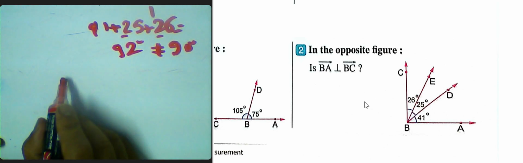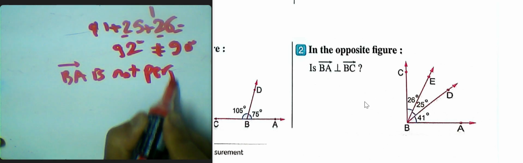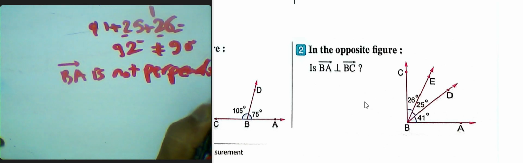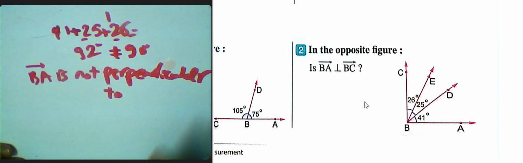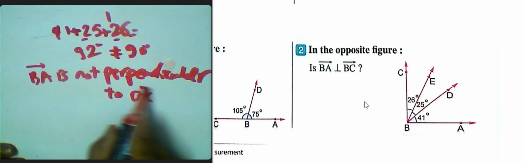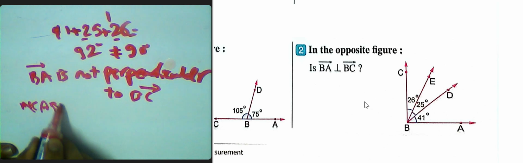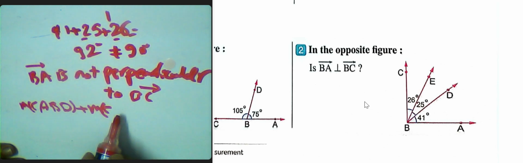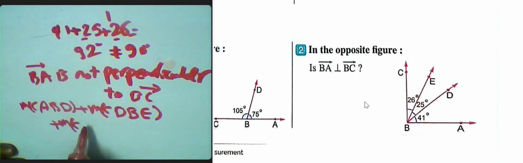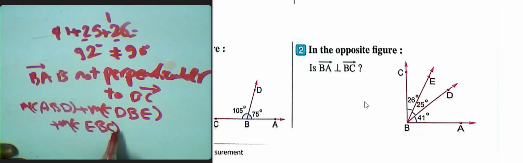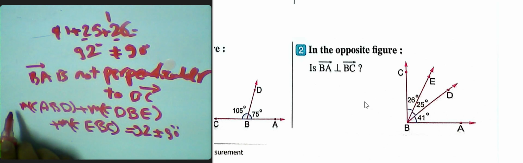Then BA is not perpendicular to BC. Okay, measure of angle ABD plus measure of angle DBE plus measure of angle EBC equals 92, not equal to 90 degrees.